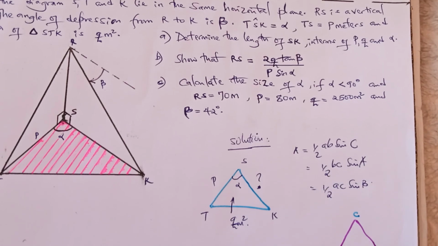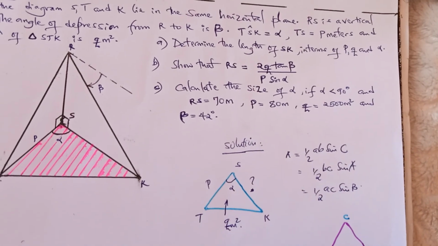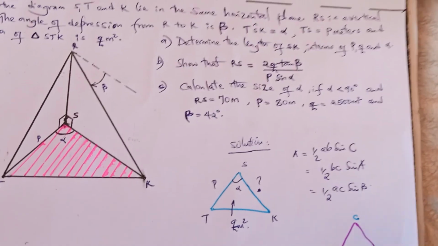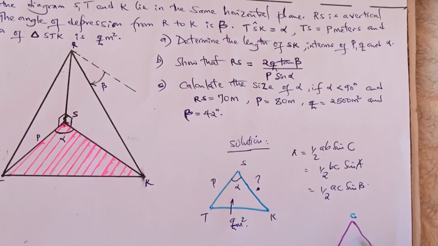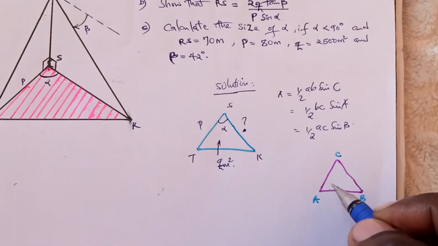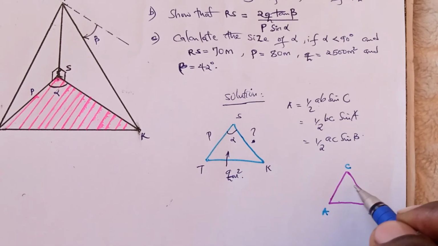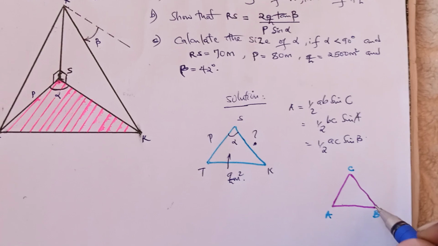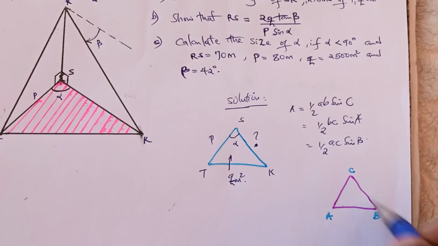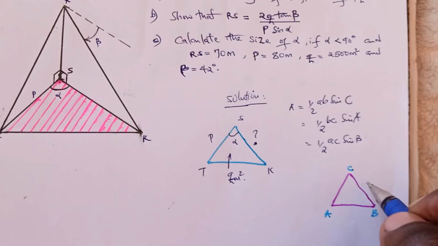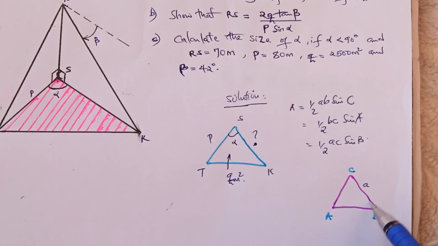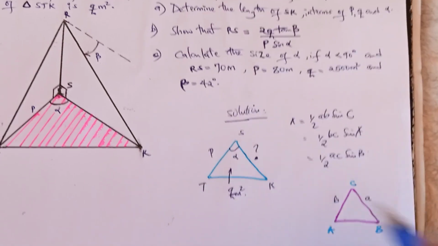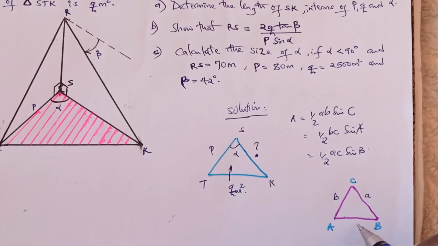Capital A is this angle, capital B, capital C. And the corresponding distances are these small letters a, b, c. The length opposite to angle A will be the distance a. The one opposite to angle B will be our b, and the one opposite to angle C will be small c.